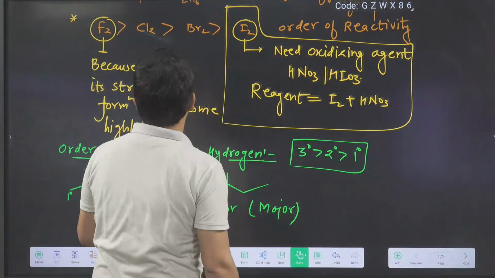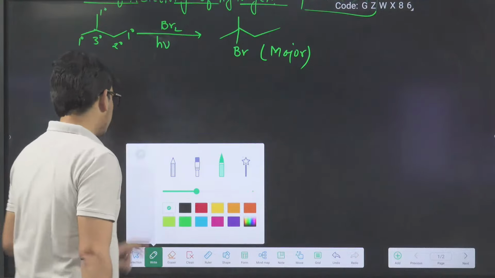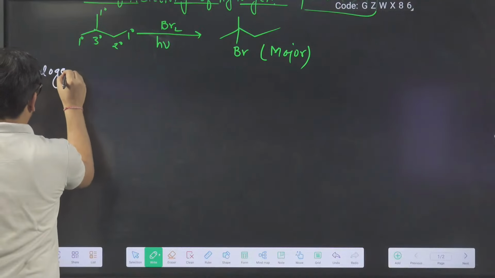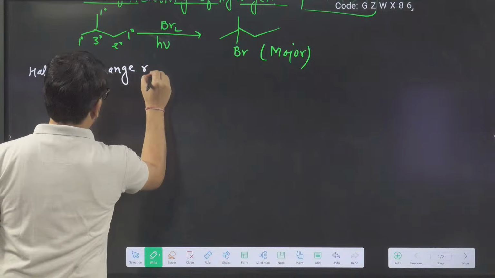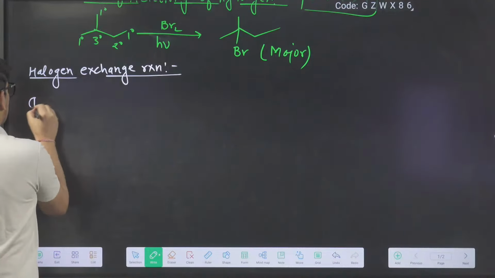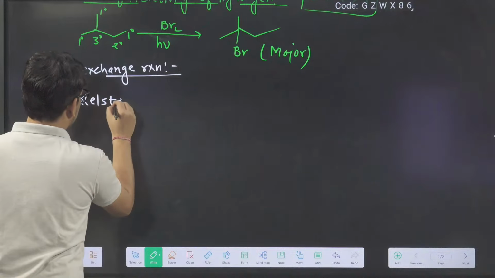Now the last way of preparation is the halogen exchange reaction. Halogen exchange reactions are of two types. First one is the Finkelstein reaction.